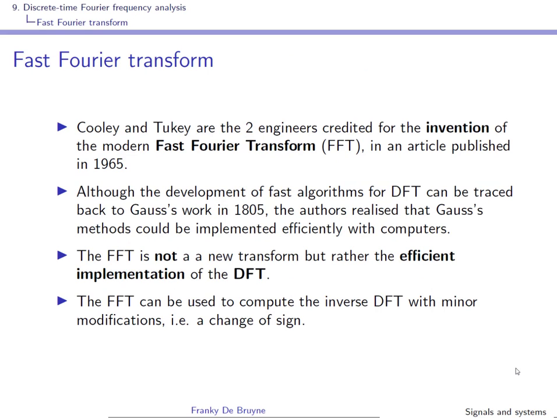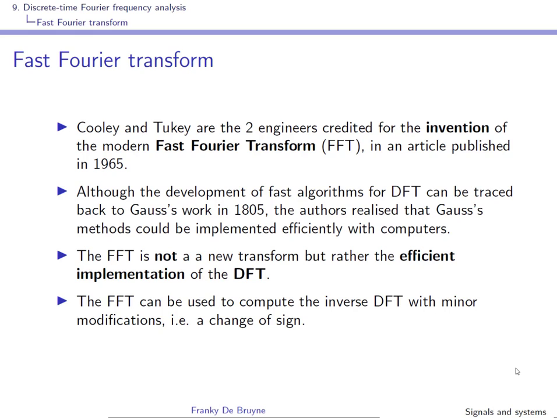In this subsection we talk about the fast Fourier transform. It's an invention that is credited to Cooley and Tukey, two engineers that published an article concerning the fast Fourier transform in 1965. The work on fast algorithms concerning the DFT can be traced back to Gauss's work in 1805, but Cooley and Tukey realized that Gauss's method could be implemented efficiently with computers.